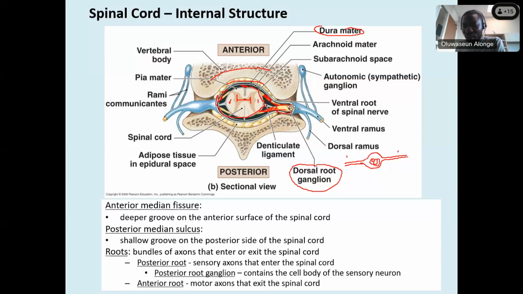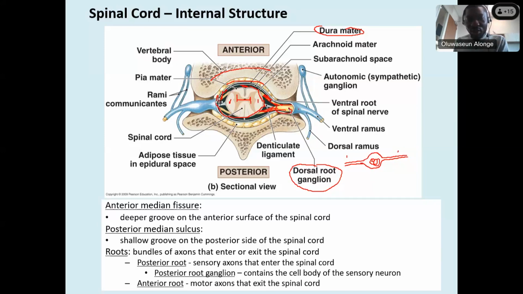And that is why you have that ganglion there. Because I told you that ganglion simply means soma outside of the central nervous system. So when there is any soma or cell body that is not inside the nervous system, we call it ganglion.